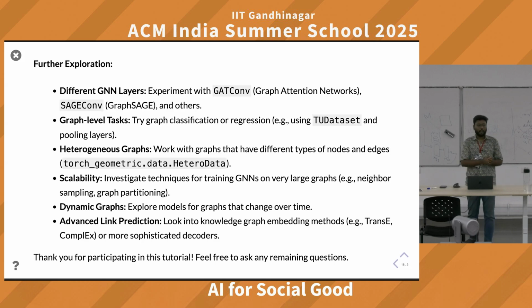As you saw in the early part of the previous talk, in graph forecasting, if each node represents a location, each node's weather changes with time, right? So that's a dynamic graph. A transaction network is a dynamic graph. Those are the further explorations. And there are other advanced link prediction tasks, like knowledge graph embedding, etc.